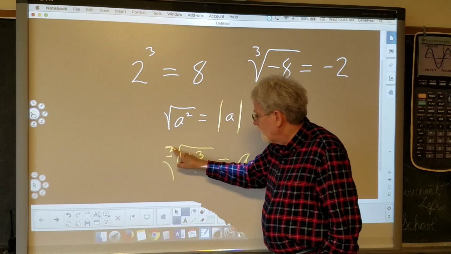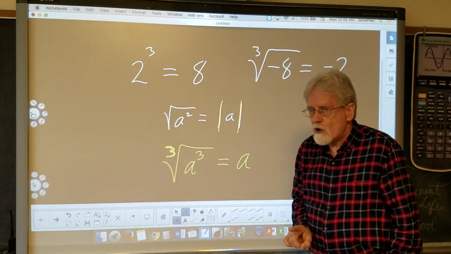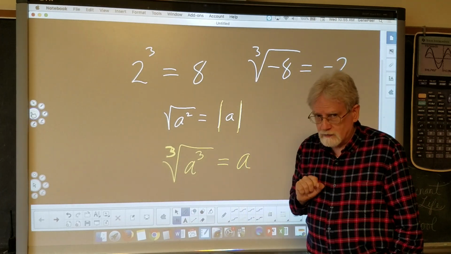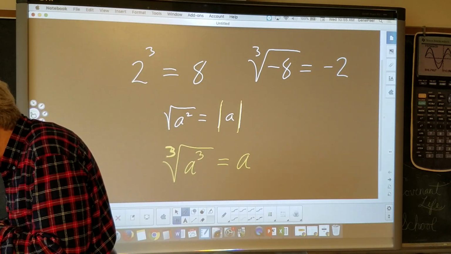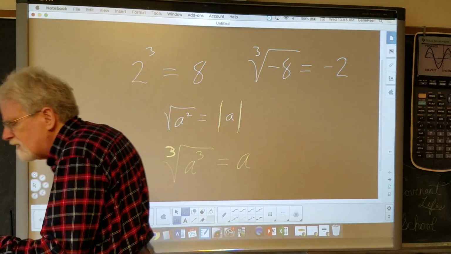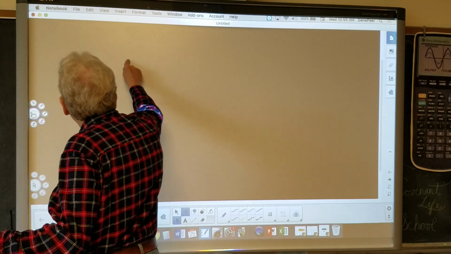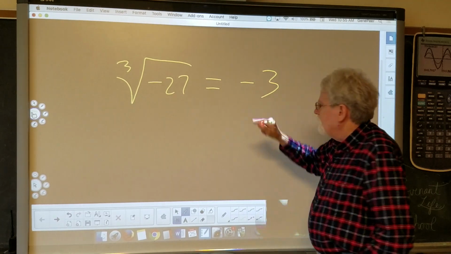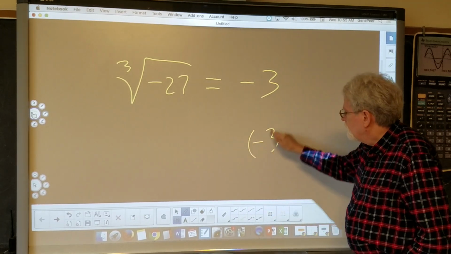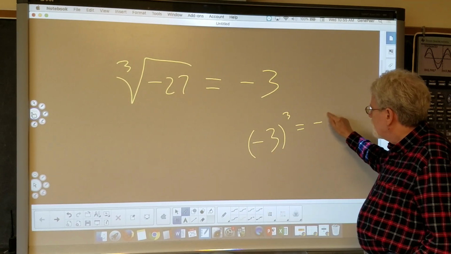If your index is odd, never use absolute value. Don't dare. So that gives us things like, looking at example 11, cubed root of negative 27 would be negative 3, because negative 3 to the third power is negative 27.